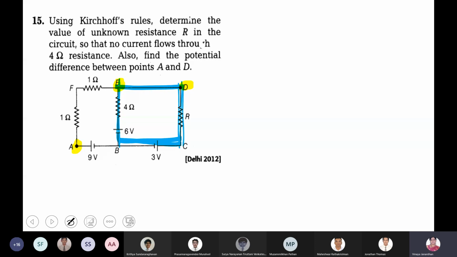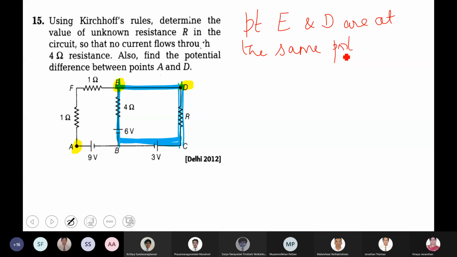Just write: point E and D are at the same potential. Therefore, the potential difference between the points VAD must be equal to the potential difference between the points VAE.